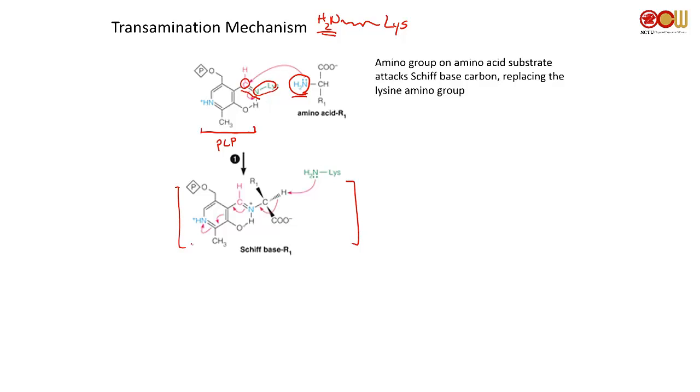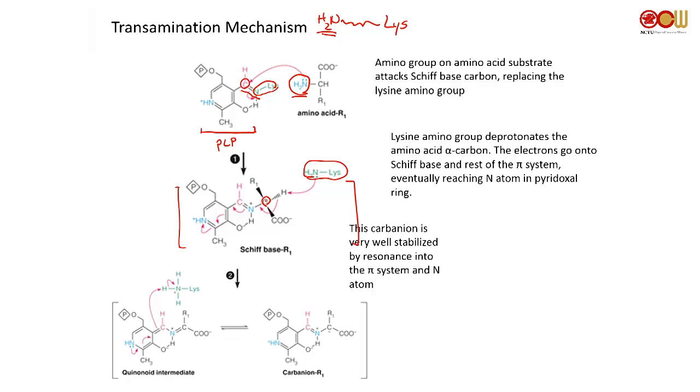So this is what you get. The lysine is now here. What the lysine can help with is deprotonating the alpha carbon on the amino acid. The lysine group will deprotonate the amino acid alpha carbon, and the electrons go onto the Schiff base and the rest of the pi system. Because you have resonance, it's very stable. The carbanion is very well stabilized by resonance into the pi system and the nitrogen atom.